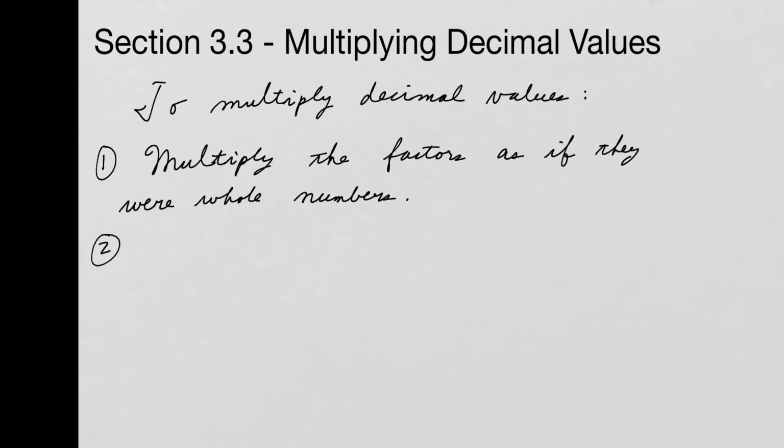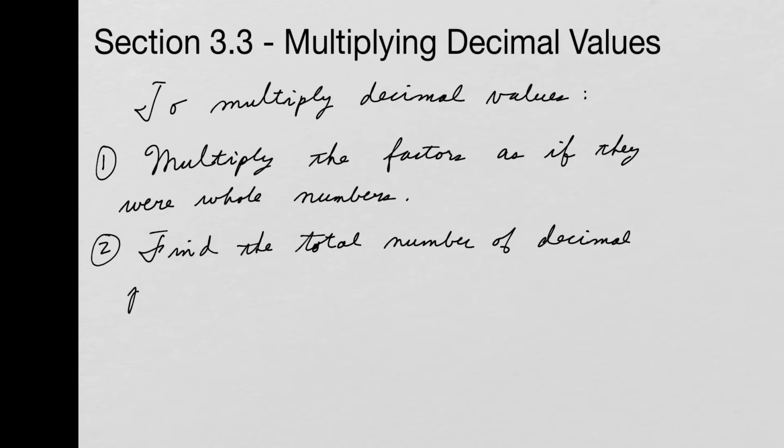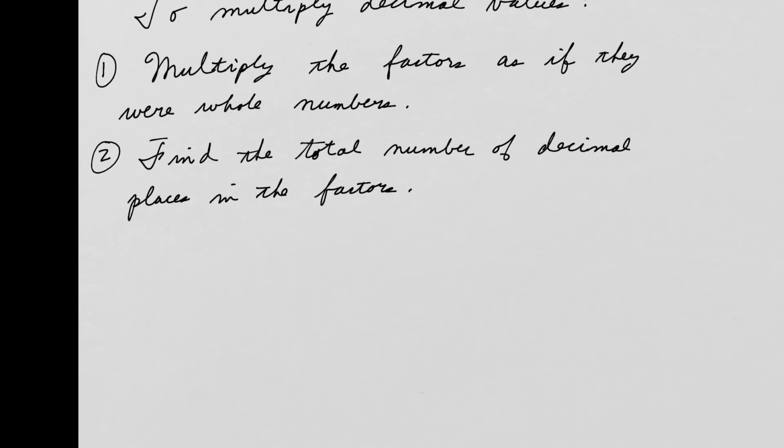Then step 2, you want to find the total number of decimal places in the factors. And then finally, count that many places from the right end of the product.